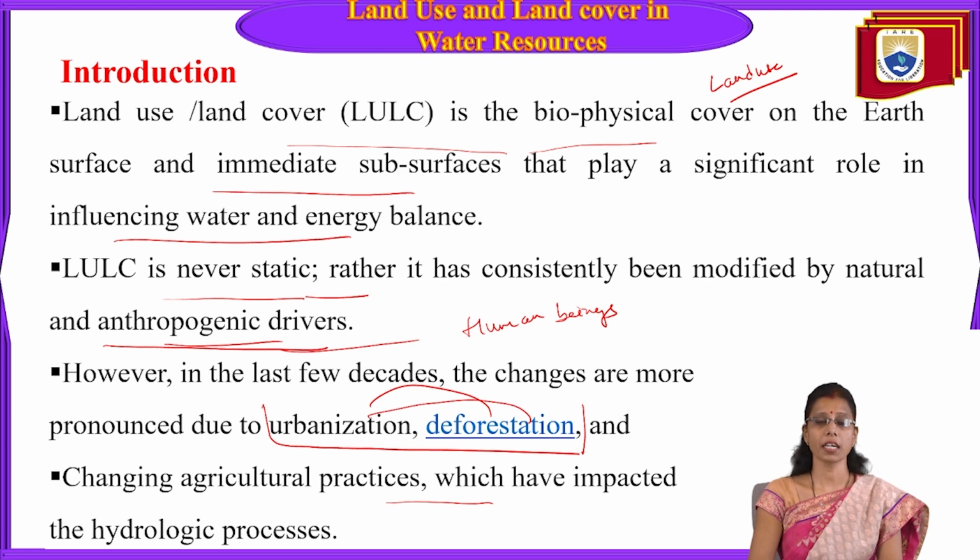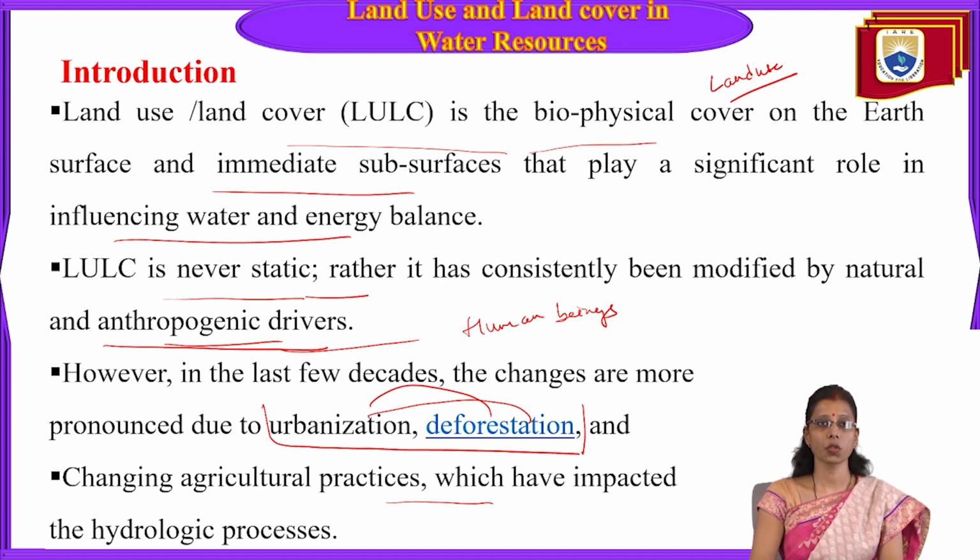Once production is affected, there will be a lack of water and a lack of crops, and immediately the cost will be affected, and normal people will be affected. So how is it linked? If you want to go with urbanization, then we have to go with deforestation, and once deforestation occurs, automatically the water will be affected by these kinds of activities.